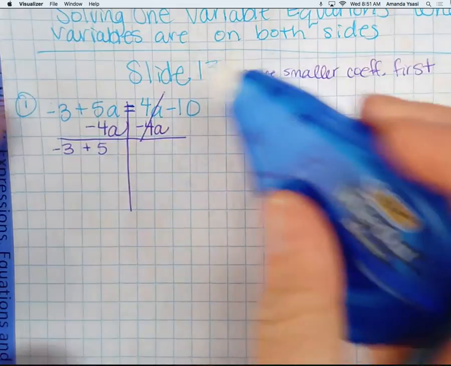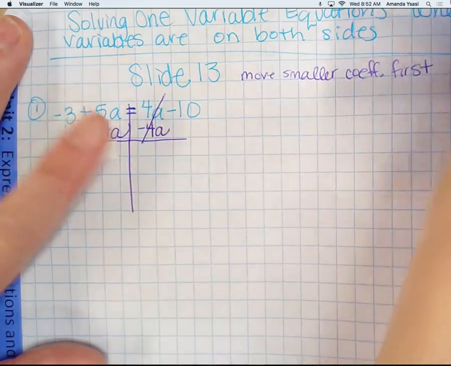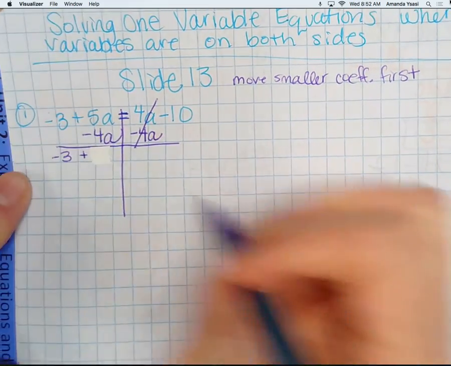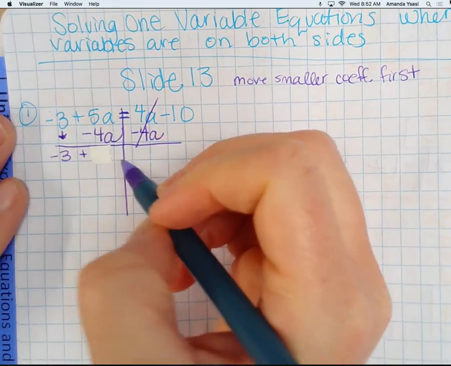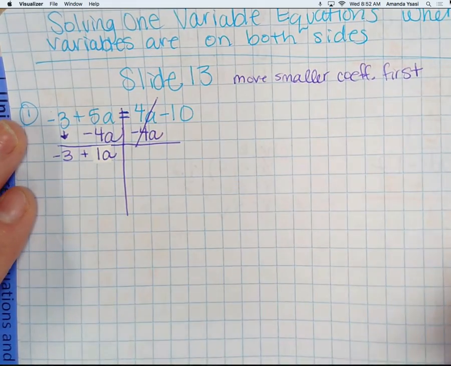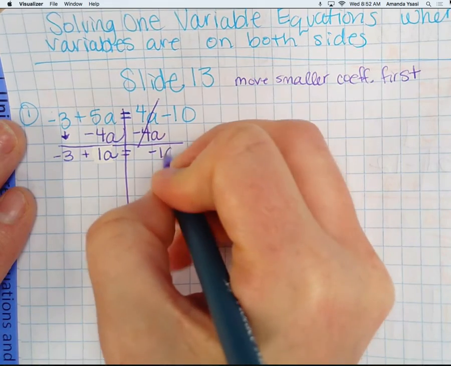I almost skipped a step. Okay, here we go. So I carry down the negative 3. And then I have 5a minus 4a. 1a, or just a, equals negative 10.